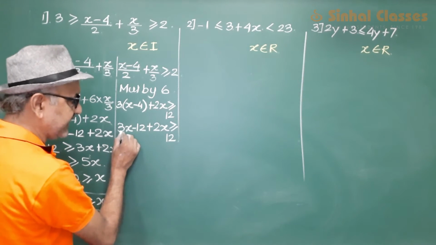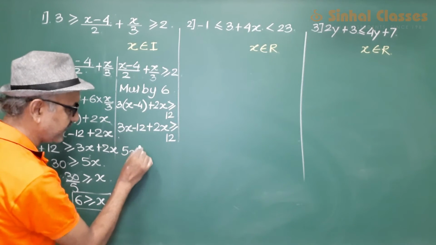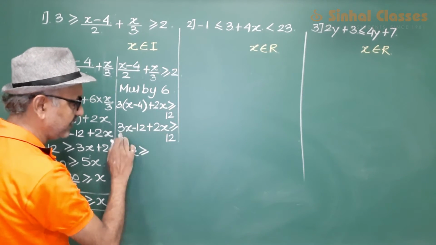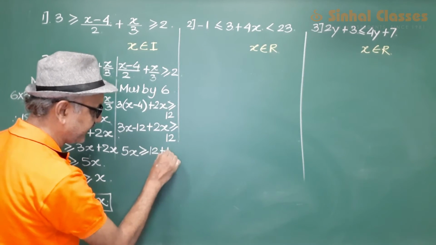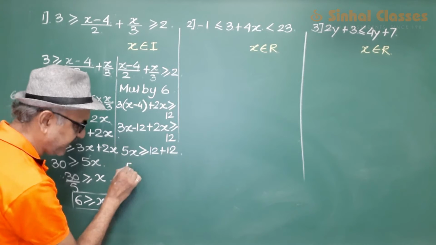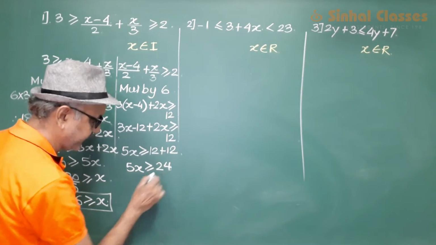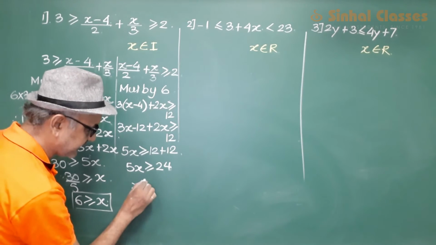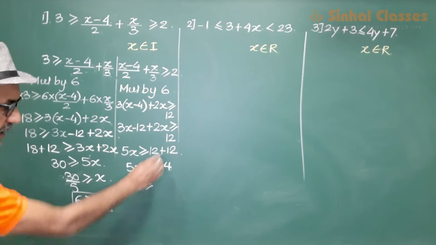So now 3x plus 2x is 5x greater than or equal to 12 plus 12, which is 24. So 5x is greater than or equal to 24, x is greater than or equal to 24 upon 5.